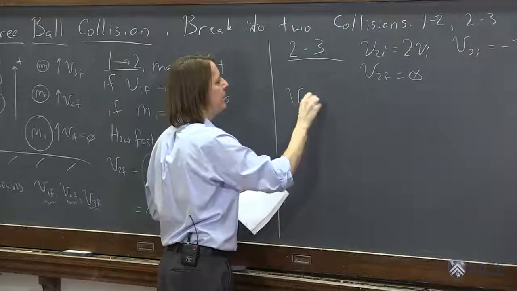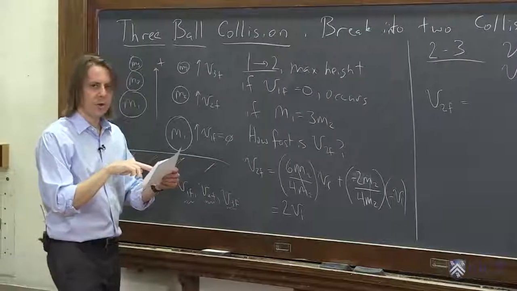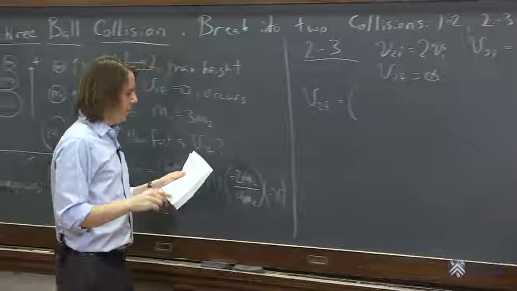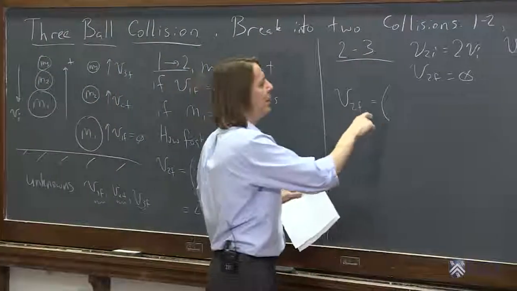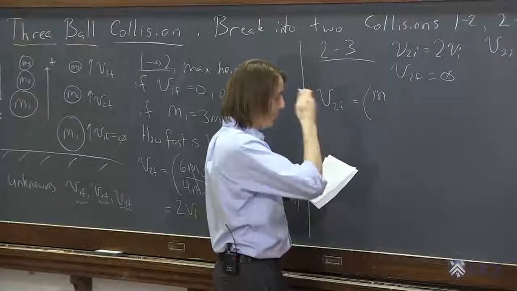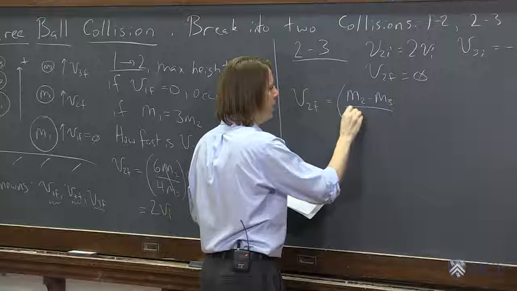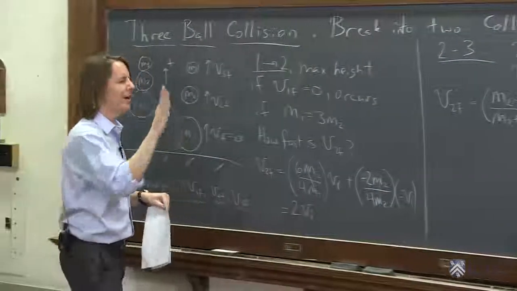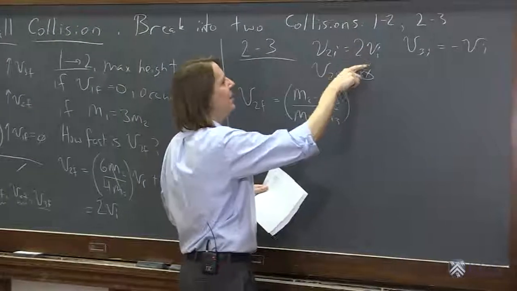So v2f equals a difference over sum times v2i. So it is m1 minus m2 over m1 plus m2, but now it's m2 minus m3 over m2 plus m3, and that's times v1i in the old system, but now this is v2i, and v2i is 2 vi.